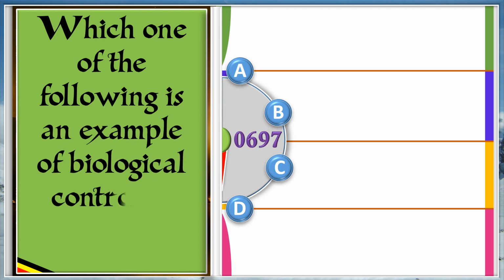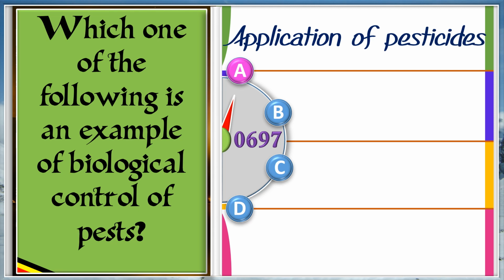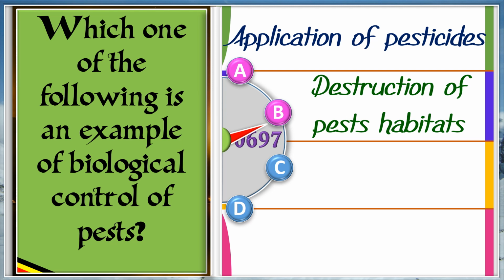Which one of the following is an example of biological control of pests? A. Application of pesticides. B. Destruction of pests' habitat.